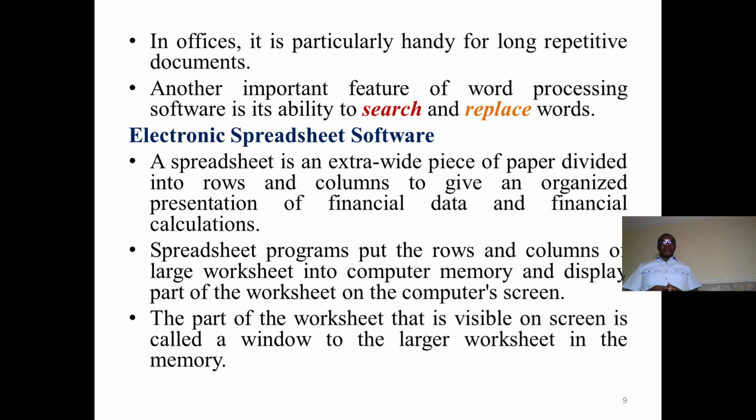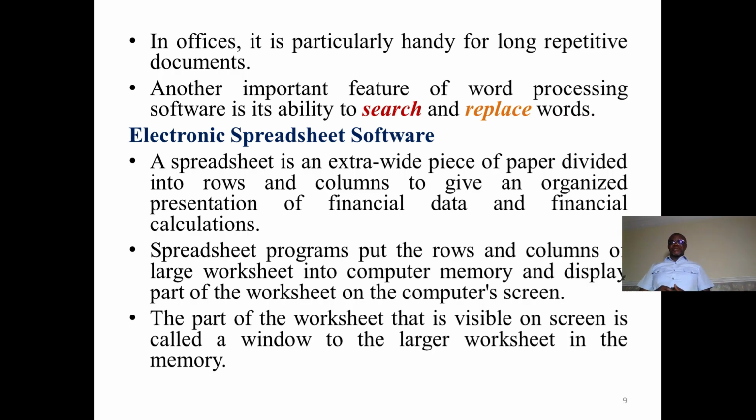The next one is the electronic spreadsheet software. A spreadsheet is an extra-wide piece of paper divided into rows and columns to give an organized presentation of financial data and financial calculations. Spreadsheet programs put the rows and columns of large worksheets into computer memory and display part of the worksheet on the computer's screen.